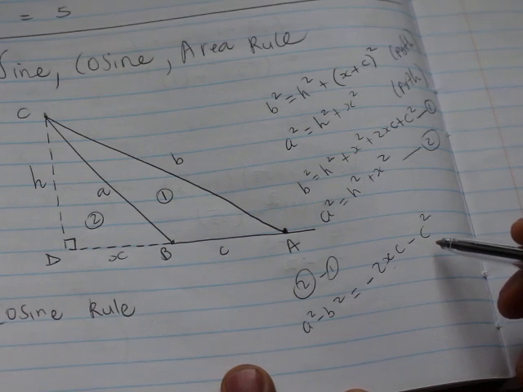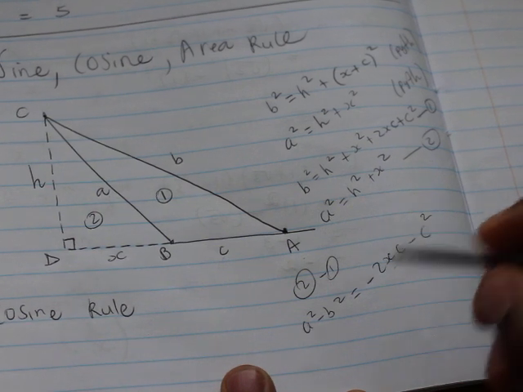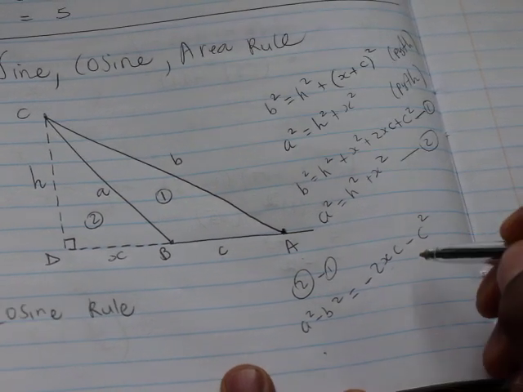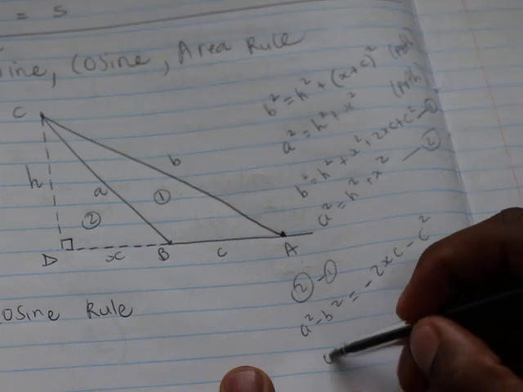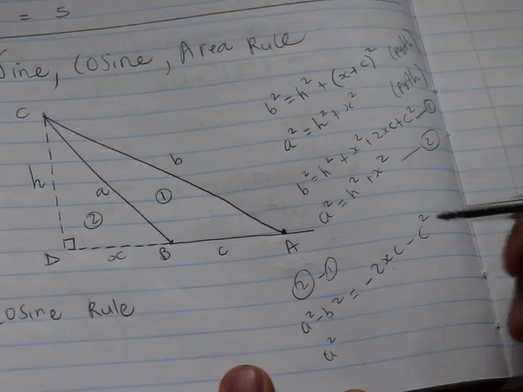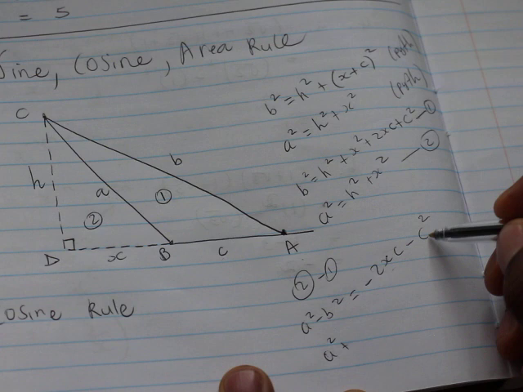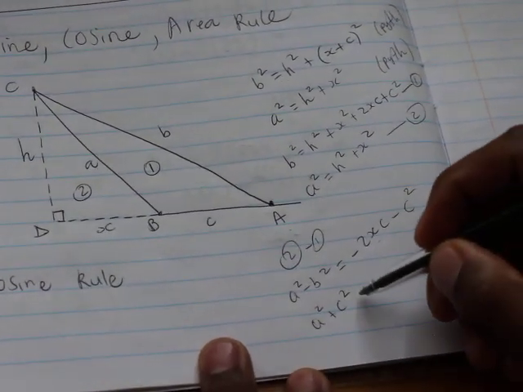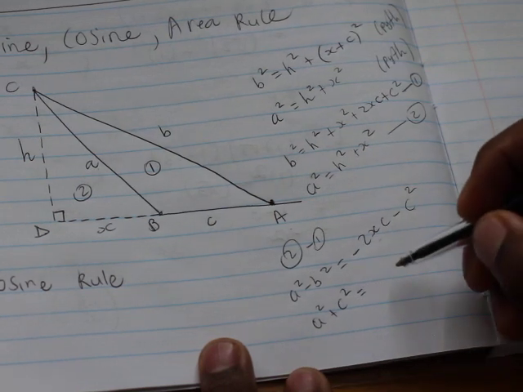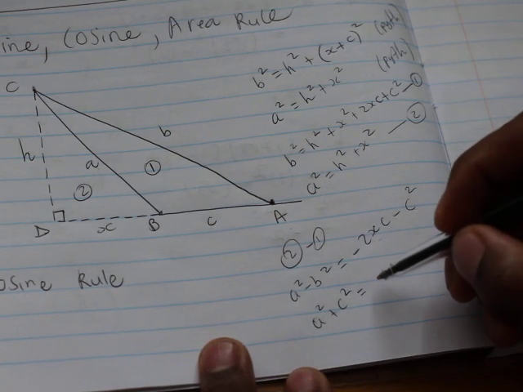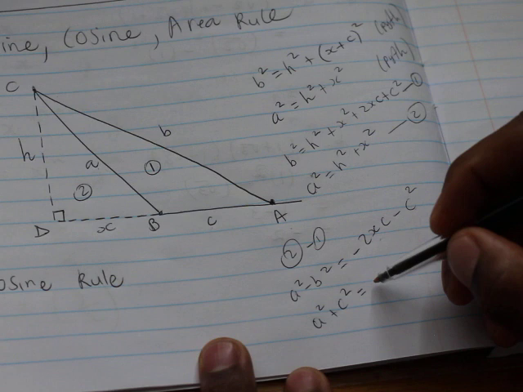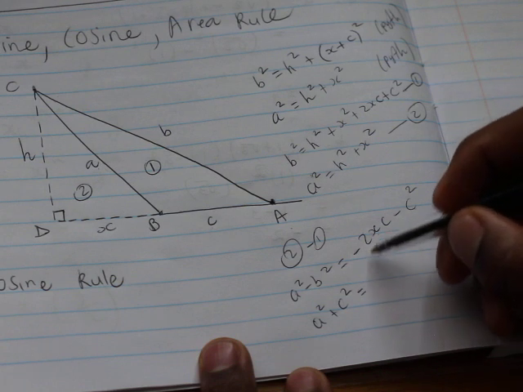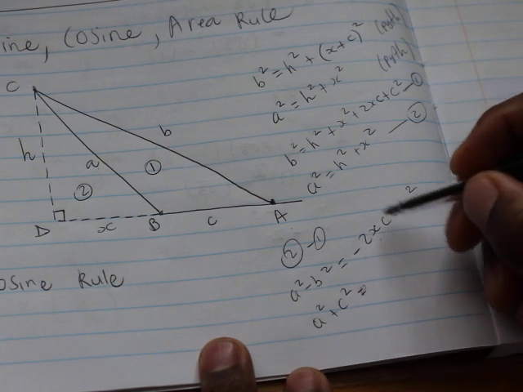So let's see what we can do. Yeah, so a squared plus, we take this one on that side, plus c squared, right, is equal to what? Might as well just take the minus 2xc to the other side.